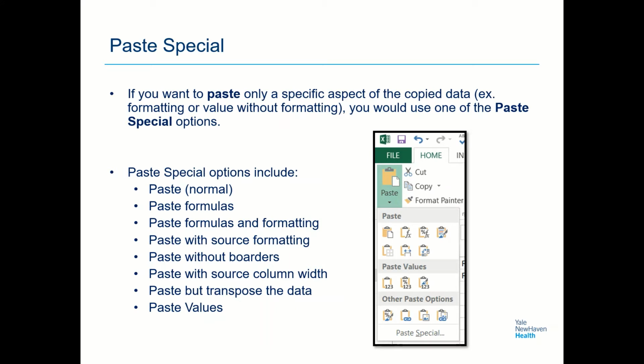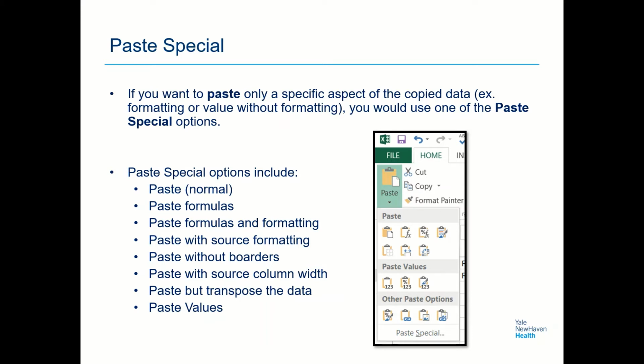The paste function is kind of an interesting one because you could paste a specific aspect of copied data. For example, do you want to copy and paste the formatting or just the value without the formatting? So you would use one of the following paste special options. Paste special options include normal, formulas.